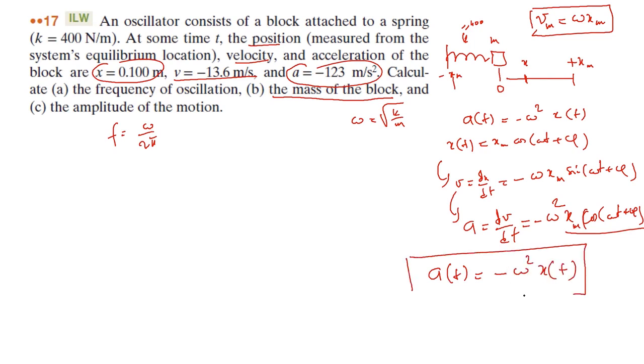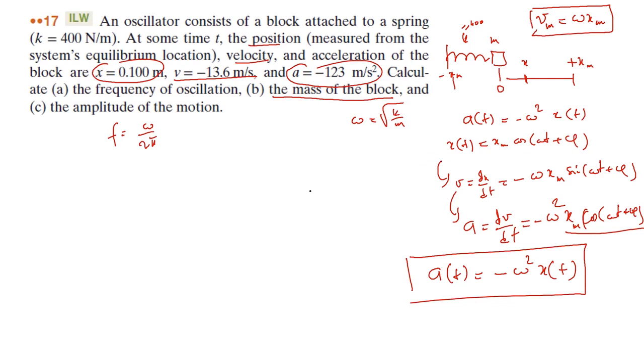This is the signature of a simple harmonic oscillator. Wherever I have the second derivative of position, which is acceleration, equal to minus a positive number multiplied by the displacement, I have a simple harmonic oscillator because I have a restoring force or a restoring torque. Okay? So here I have a restoring force.